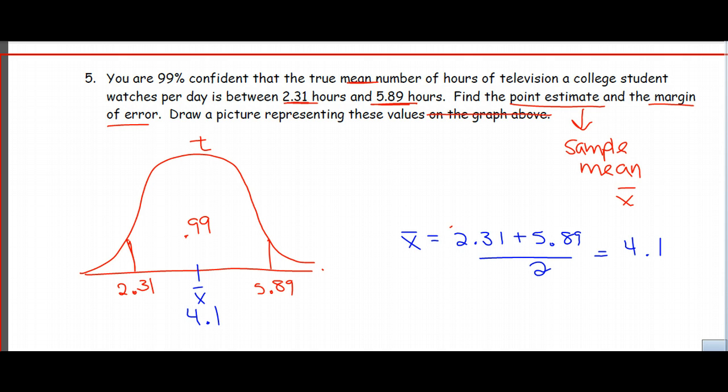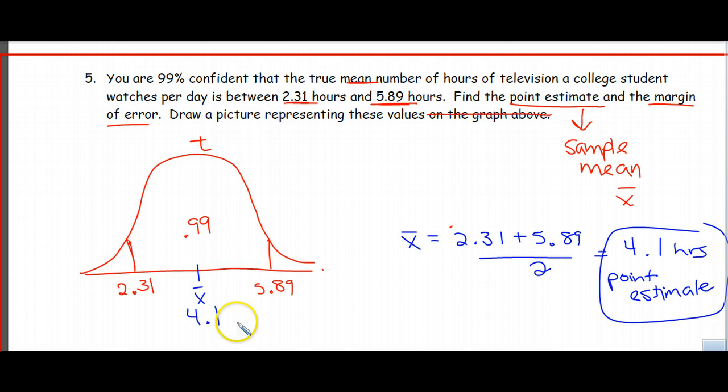So that was our sample average that we found when we asked how many hours of TV a college student is watching per day. This is my point estimate, 4.1 hours.